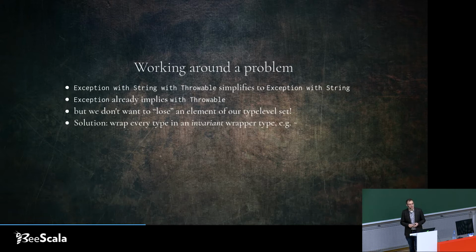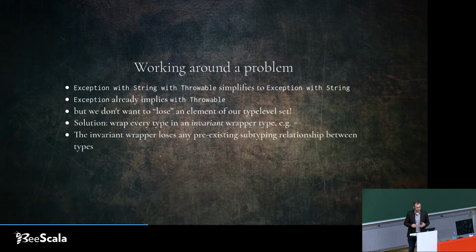So what we do is we wrap it in an invariant wrapper, and I've just invented this type called tilde. Its type parameter is invariant, and by wrapping every element in the intersection in that tilde type, we lose the subtyping relationship between those two.